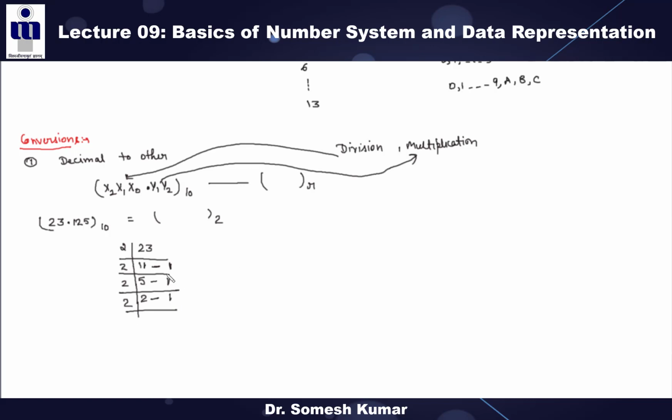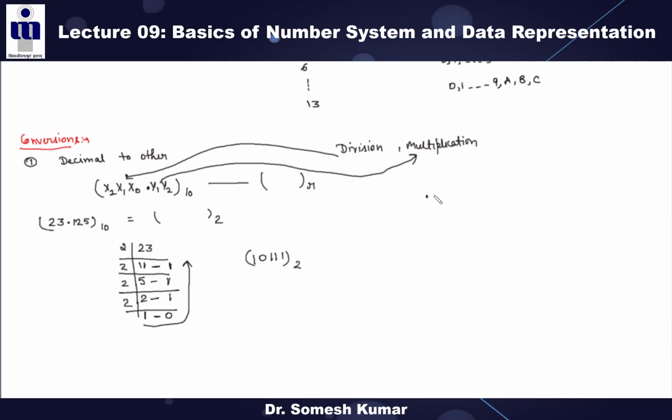So this is 2, 1, right? What is the remainder? 0, right? So we have to write in this direction, right? So the binary of 23 is 1, 0, 1, 1, 1, right? This is the binary for 23.